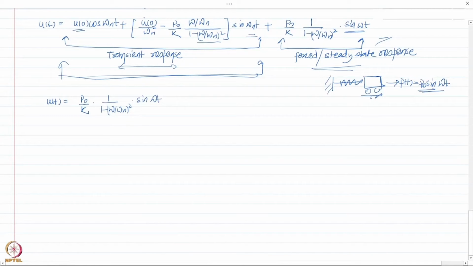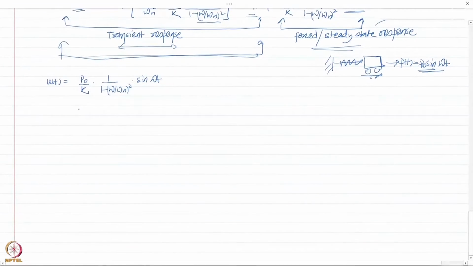Now, if you remember, this was the original equation of motion, correct? Let us say I ignore the dynamic effect in the system, so I basically ignore this term here.